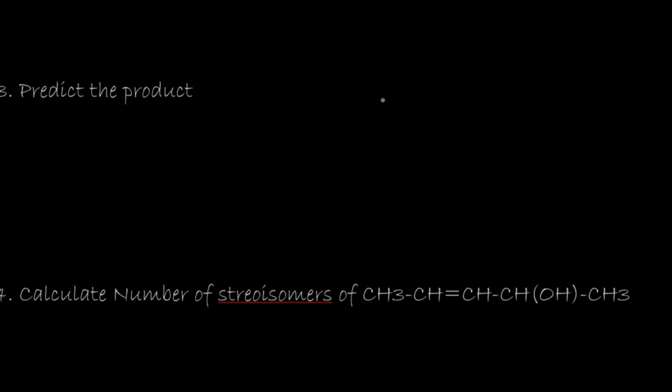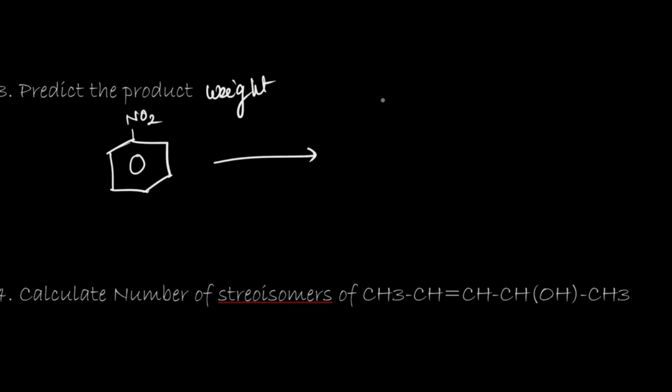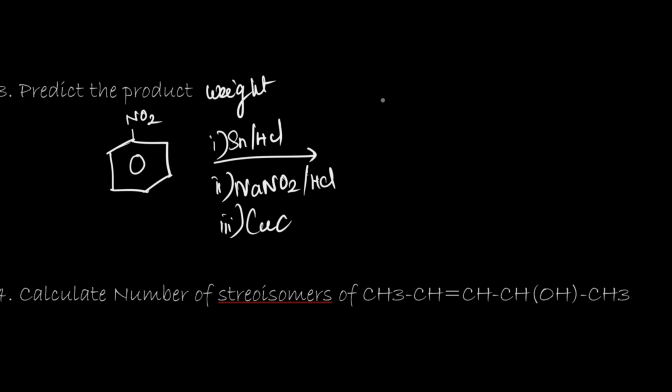Then predict the product weight. So what is the product given over here? That is NO2 undergoing Sn/HCl, then NaNO2/HCl, third is CuCl, and fourth is sodium with dry ether.